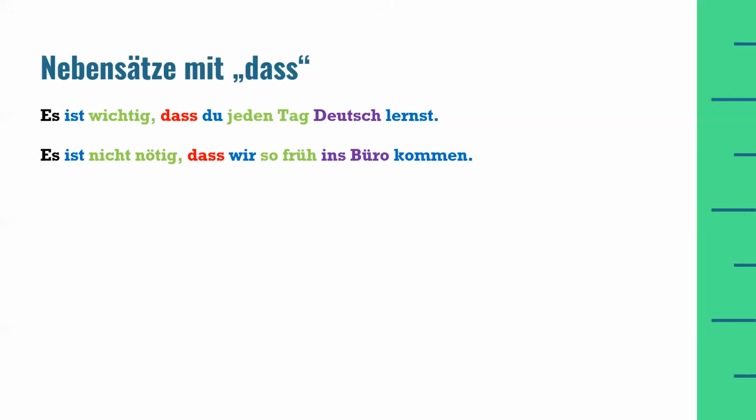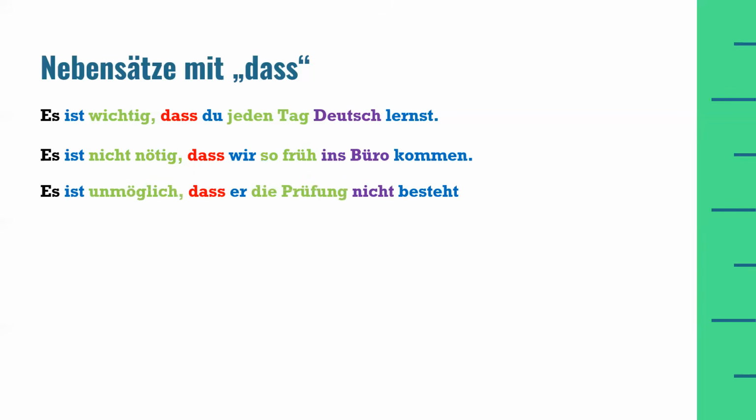Ins is the short form of in das Büro, and kommen is the verb which is used at the last position of the sentence, and it has to be conjugated according to the subject of the sentence. The subject of the sentence is wir, so kommen remains kommen.